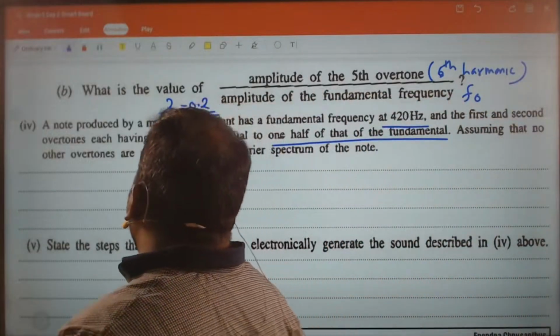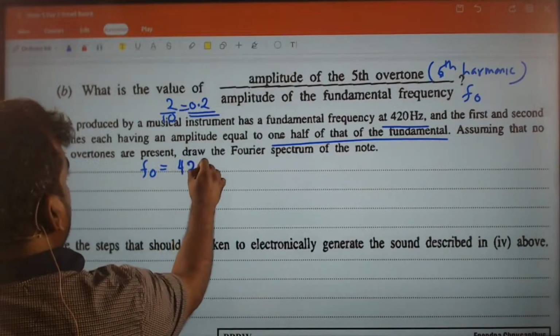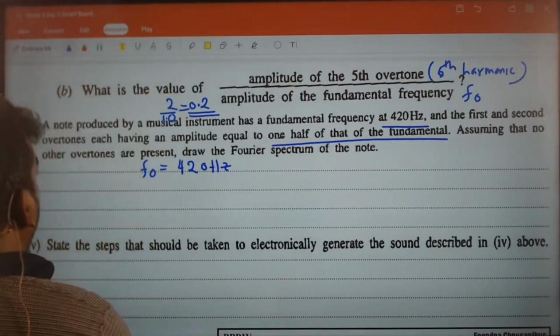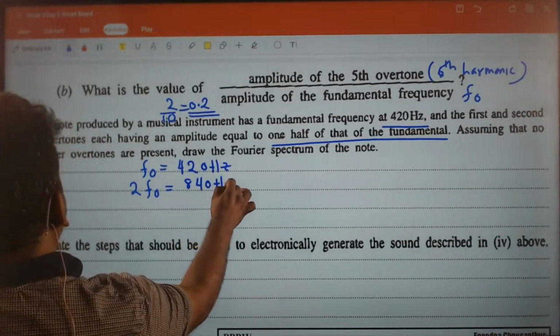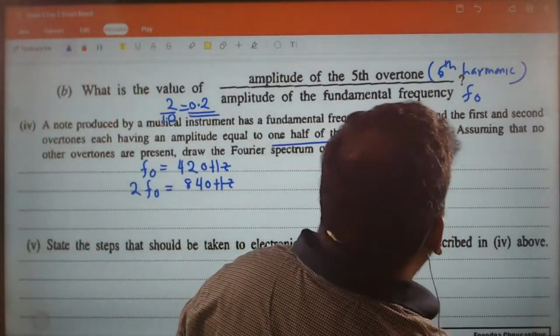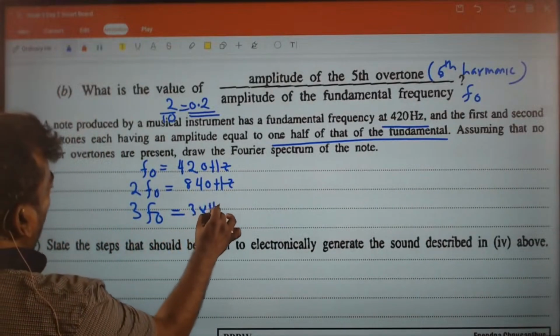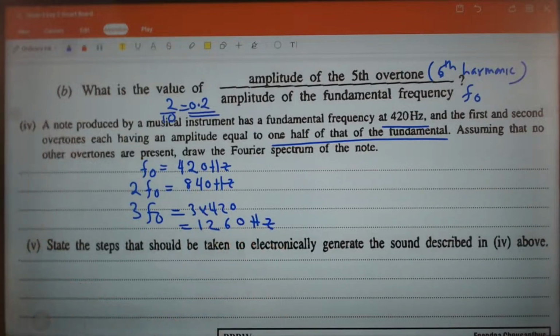Interesting. Fundamental frequency is 420 Hertz. First overtone is the second harmonic, 840 Hertz. Second overtone is the third harmonic. 3 times 420 is 1260 Hertz. Draw the Fourier spectrum for the note.